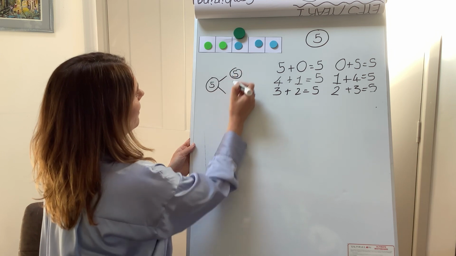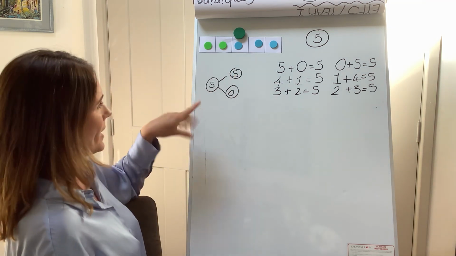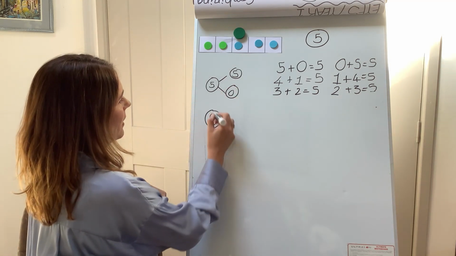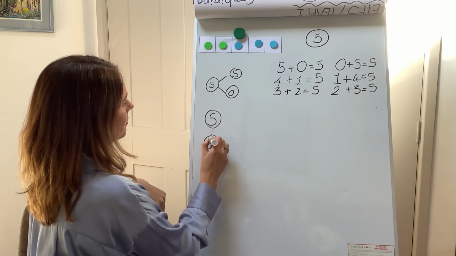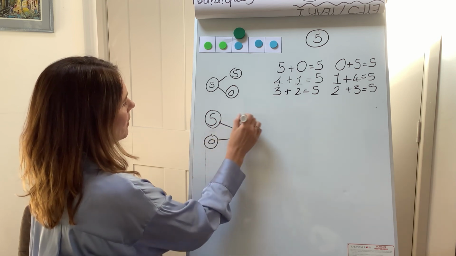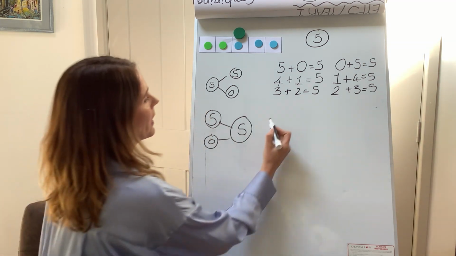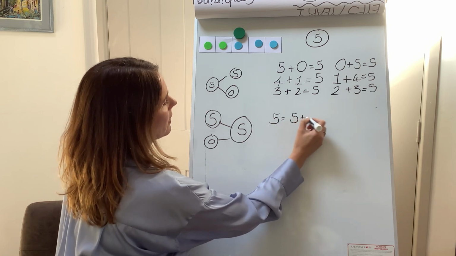So we could have 5 and 0 makes 5. It doesn't always have to go at this side. It doesn't always have to be 5 and 0 is equal to 5, makes 5. We can have it the other way around, so we can have 5 is equal to 5 and 0.